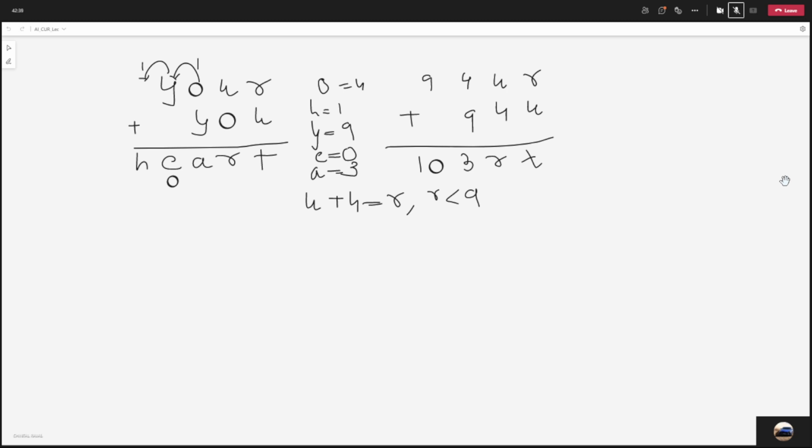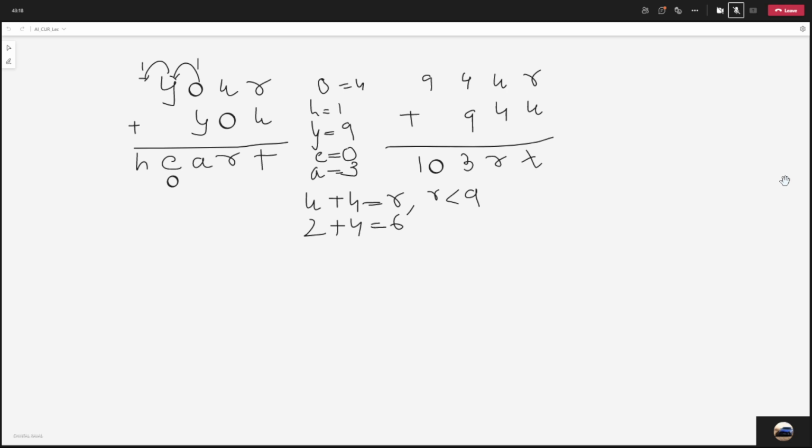Then 5. 5 plus 4 equals 9. Not possible, conflict with y. r could not be 9. Then 4 we cannot have, it is already assigned to o. 3 we cannot have, it is already assigned to a. So 2 plus 4, we get r equals 6. So here the constraints are satisfied.